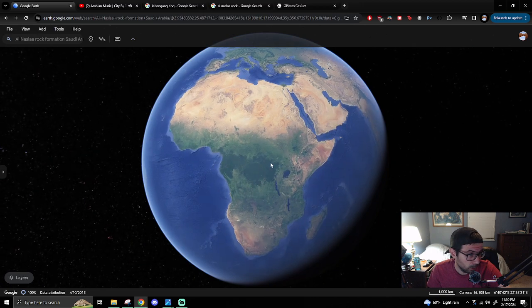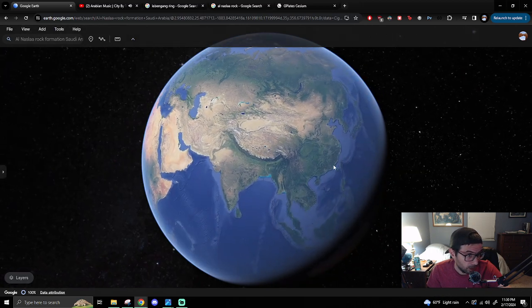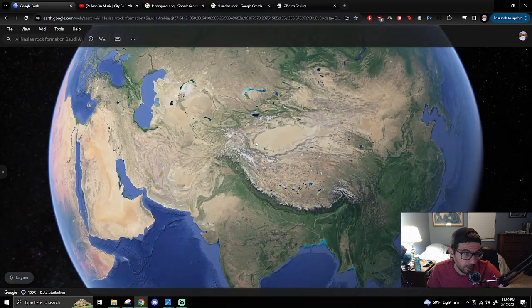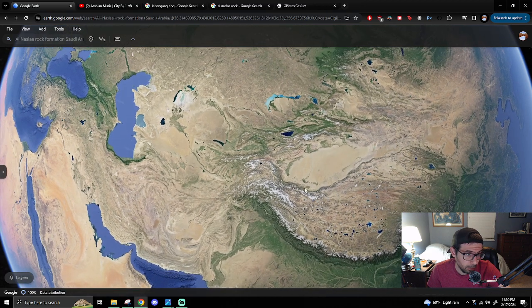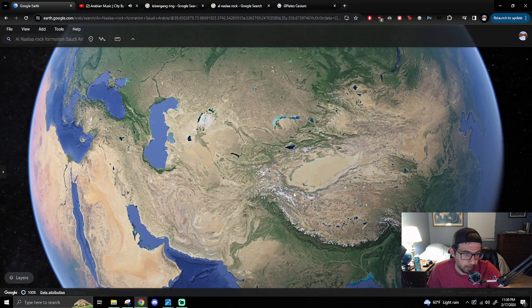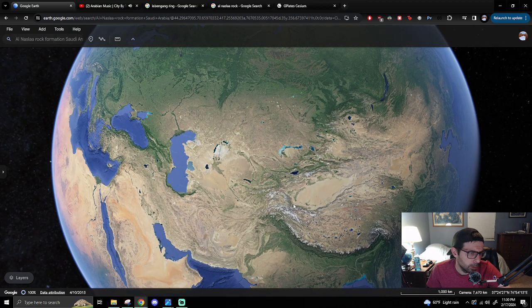Not elsewhere, but within the ammonite. If this is a chakra within this ammonite area, which I guess goes over here and includes this other ammonite structure here, all part of it, there seems to be a lot of desert.